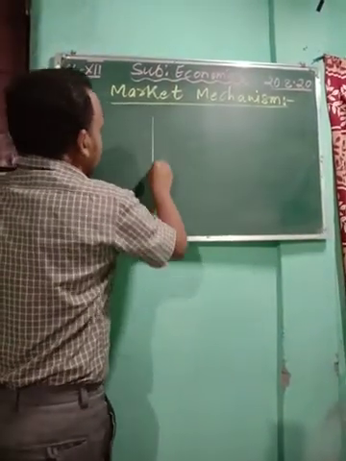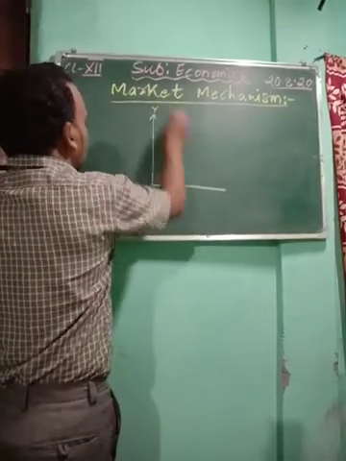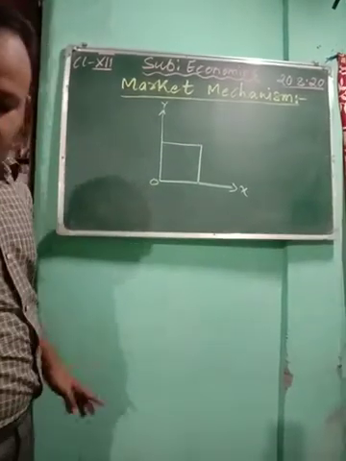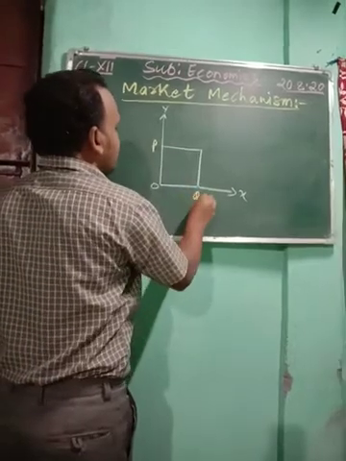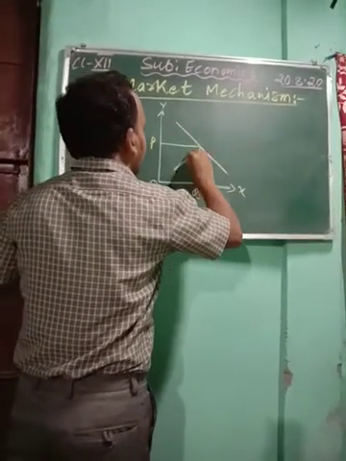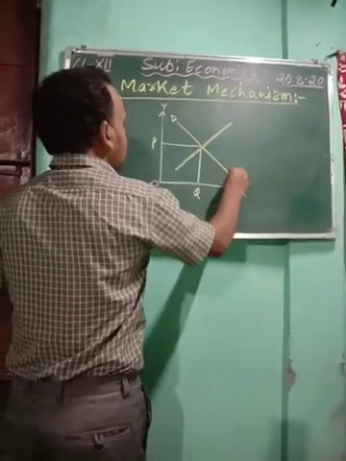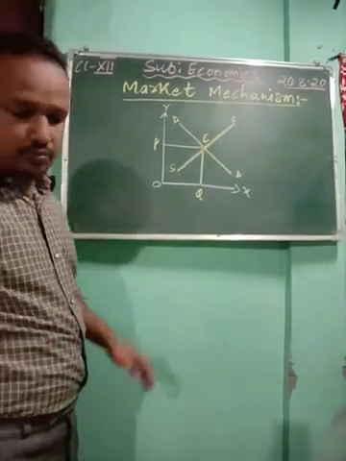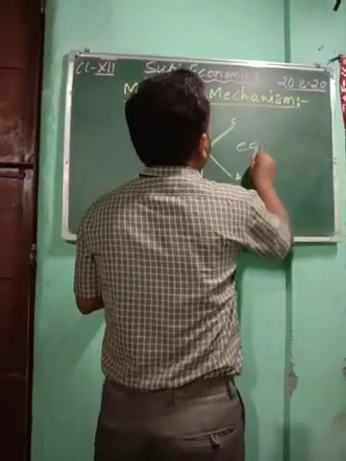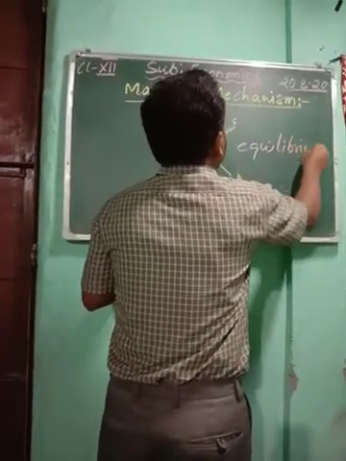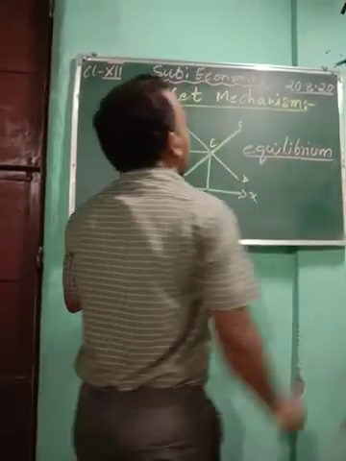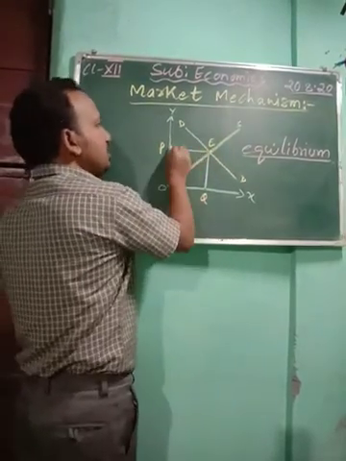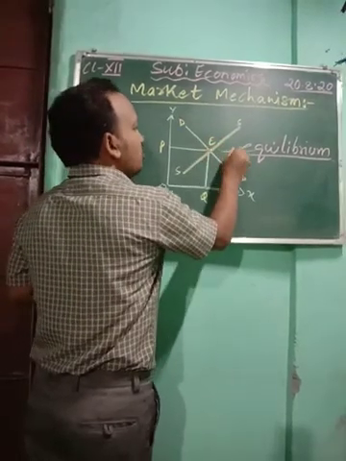Look here. When your demand and your supply are equal, this point is called equilibrium.